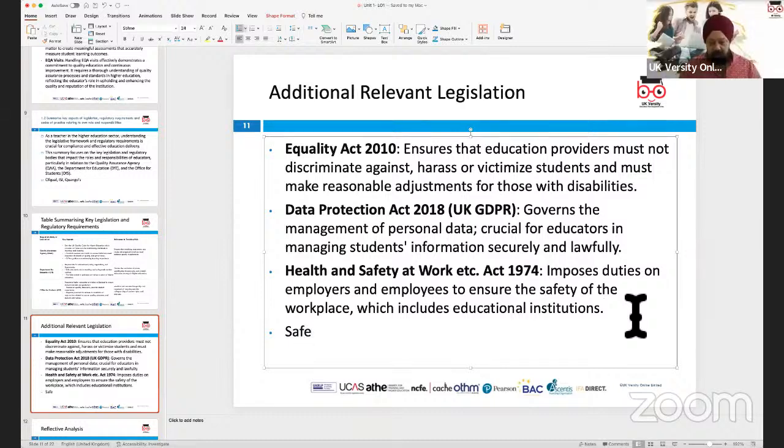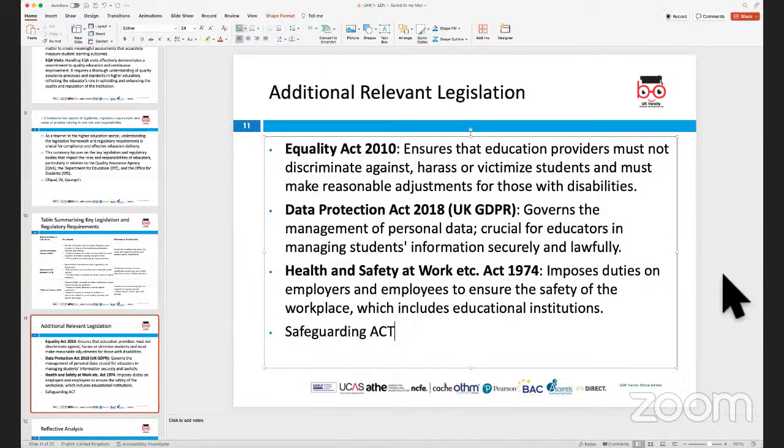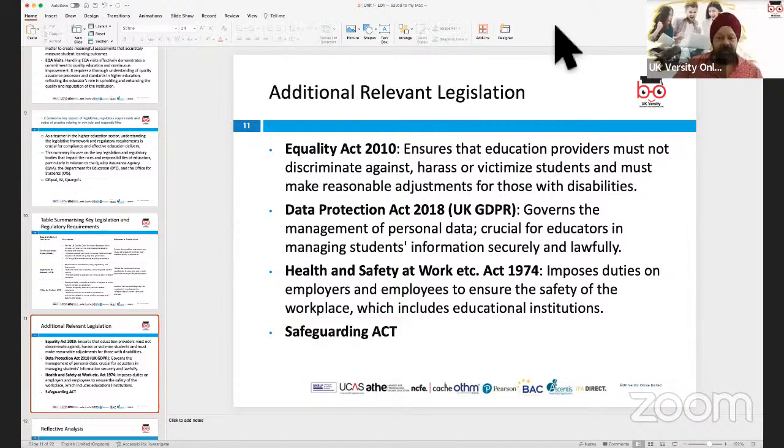Yes, surely. I think in some cases we would be able to use this, primarily for some of the sections, or I would say the learning outcomes and some of the assessment criteria of some of the units. Now, in terms of the various acts and legislation, obviously as a teacher, there are loads of them.